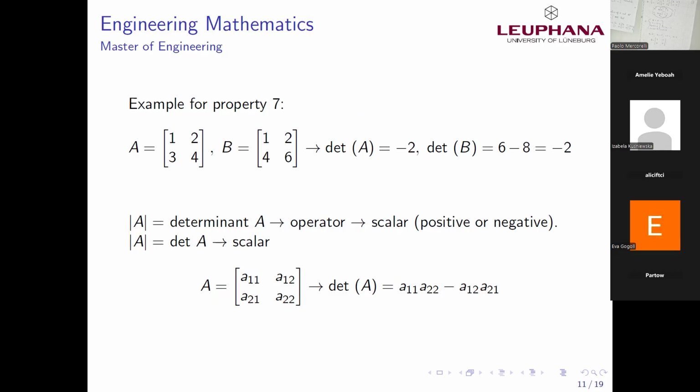Let me explain this in accordance with the definition. Why so? Again, it's easy to remember. In a 2 times 2 matrix, the determinant of A is the product of the diagonal elements minus the product of the anti-diagonal elements.